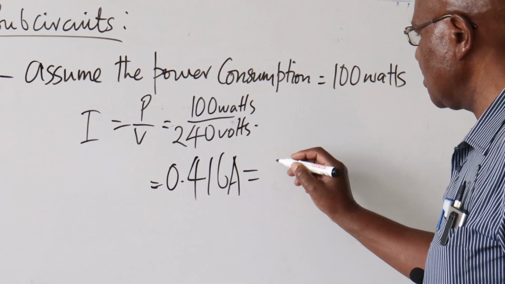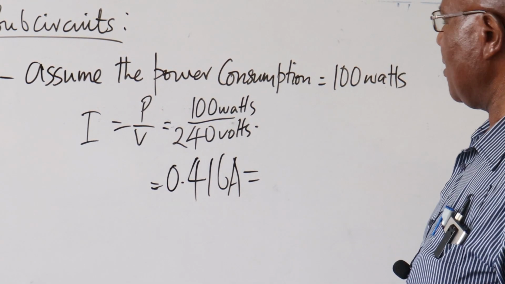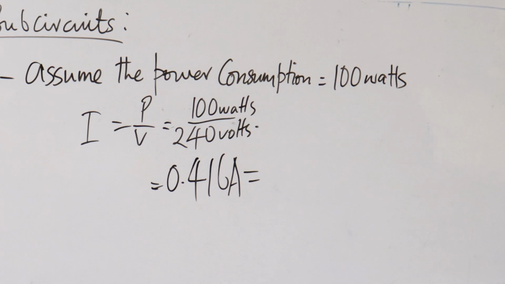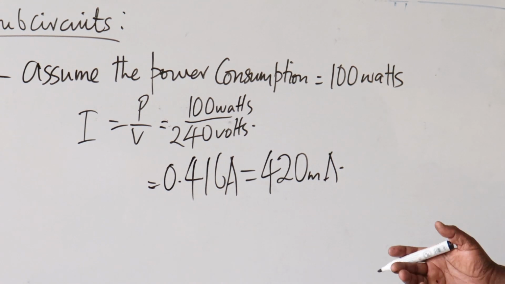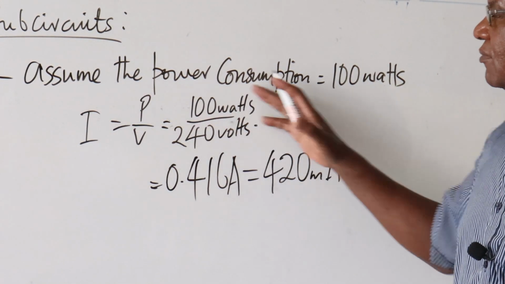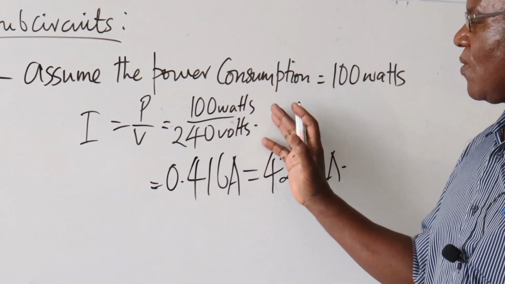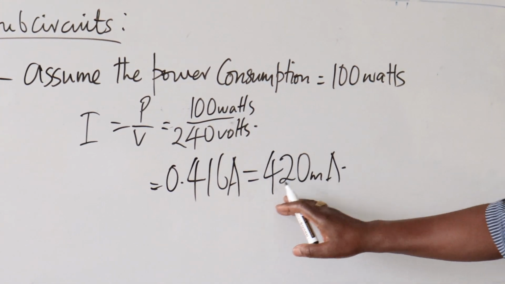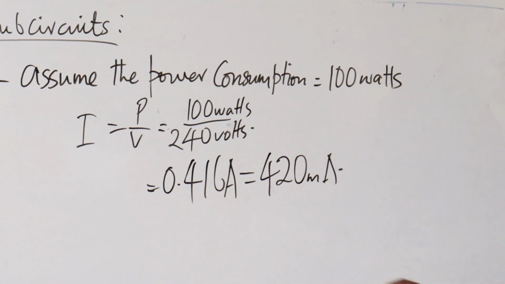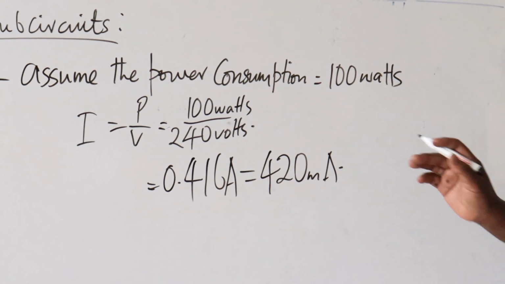We can talk about milliamperes. So you can see, if you work out the assumption we normally take for each lighting point, about 100 watts, it comes to about 420 milliamperes.